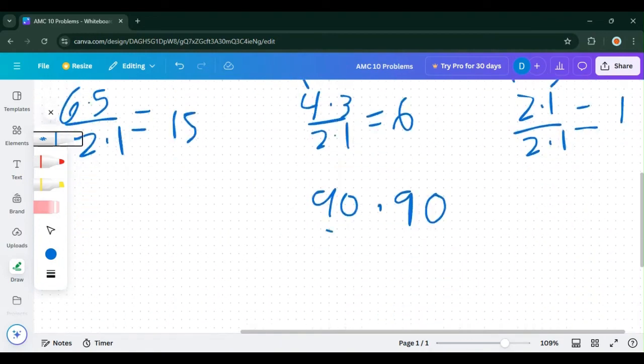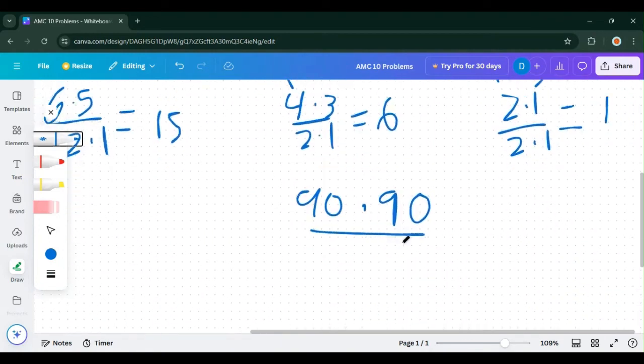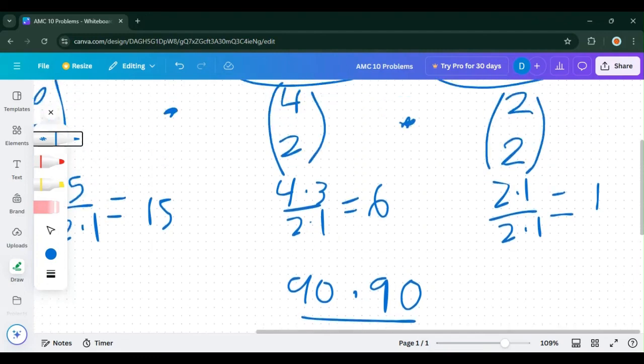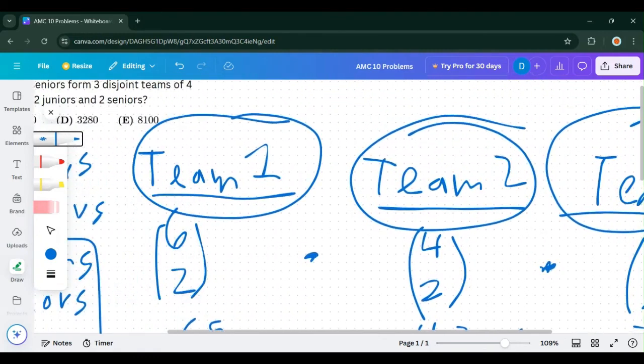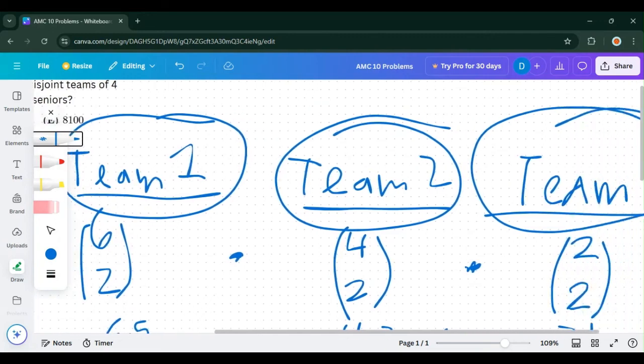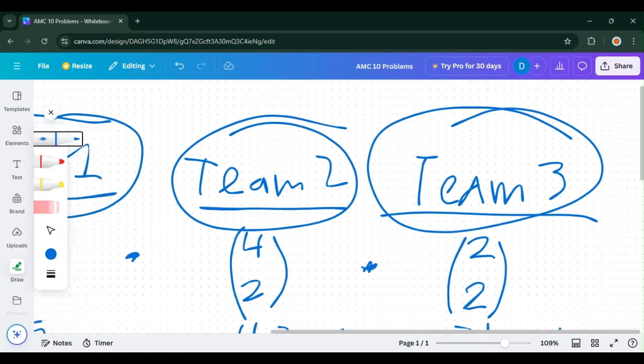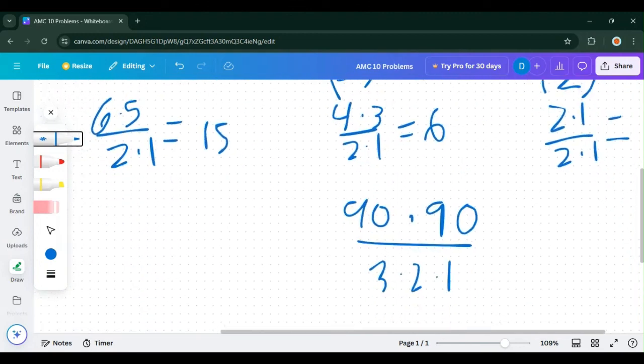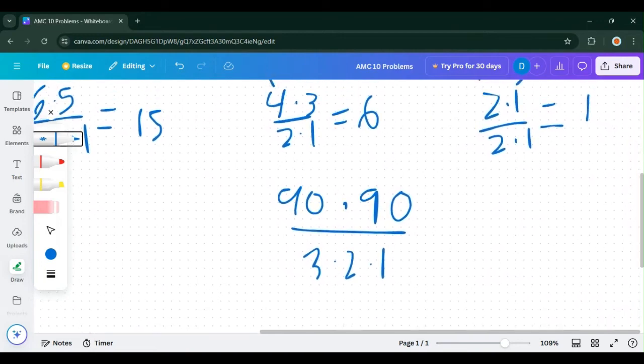We have to correct for overcounting by dividing by 6, or 3 times 2 times 1, because that's the number of ways we overcounted by. As you see here, we can arrange team 1, team 2, and team 3 six different ways by the order of picking first, second, and third. So we have to correct for our overcounting, and we get this.